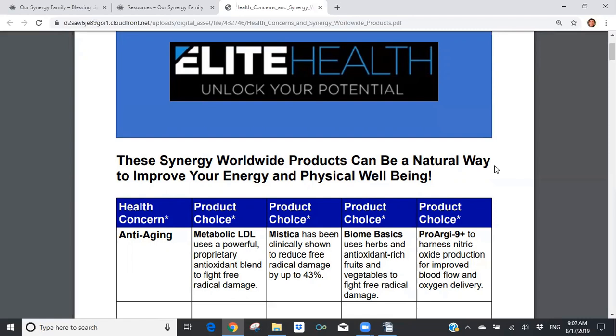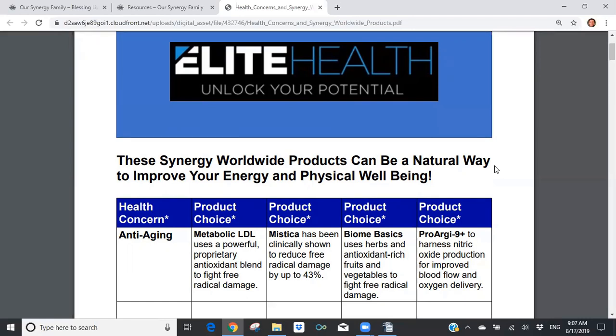Now, with regards to anti-aging, our first product of choice would be Metabolic LDL, because although it's specifically designed to address cholesterol concerns, and you will see this product when we talk about cholesterol concerns, the 9 plant and vegetable extracts that are part of this have very high, significant ORAC scores, which means that they're very powerful antioxidants.